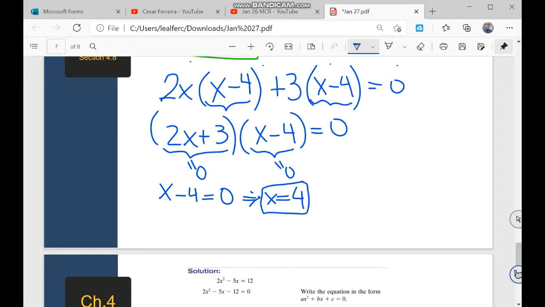And let's make 2x plus 3 equal to 0. After you simplify, you're going to find that x needs to be equal to negative 3 over 2, right? Let me just make it clear here, negative 3 over 2, right?